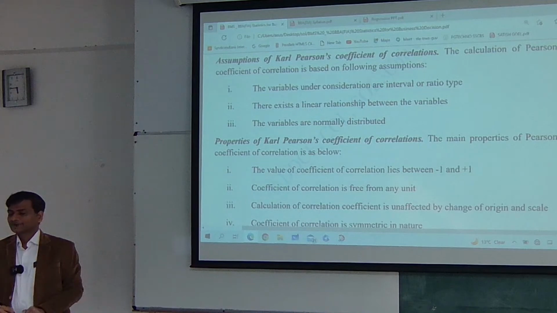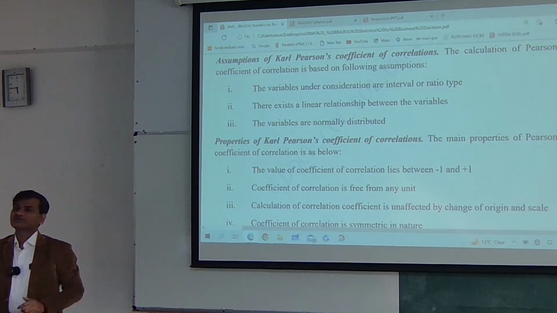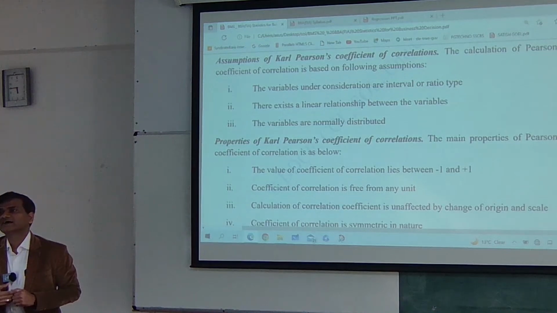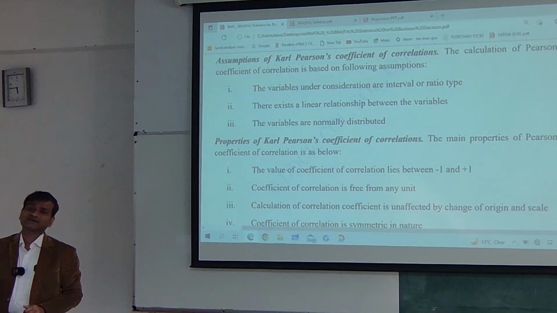Further, there must be only a linear relationship, because in correlation we are studying only the linear relationship. If you have something non-linear, then you cannot find that non-linear relationship with the help of this formula.